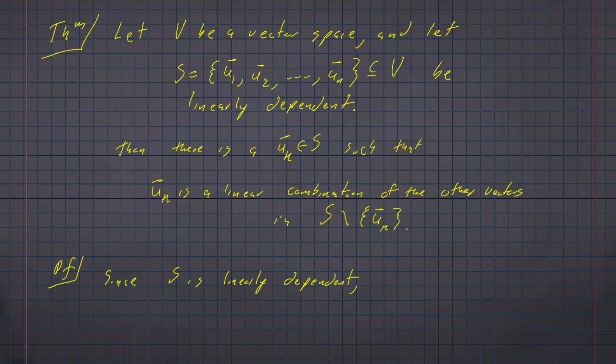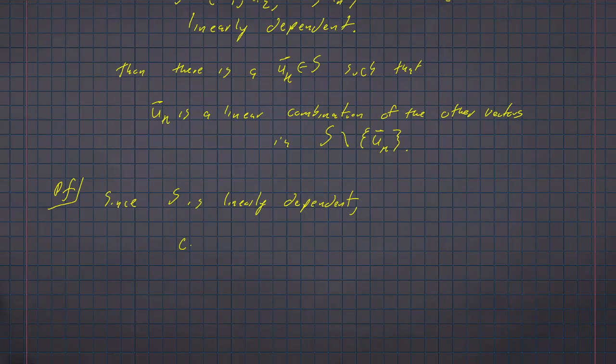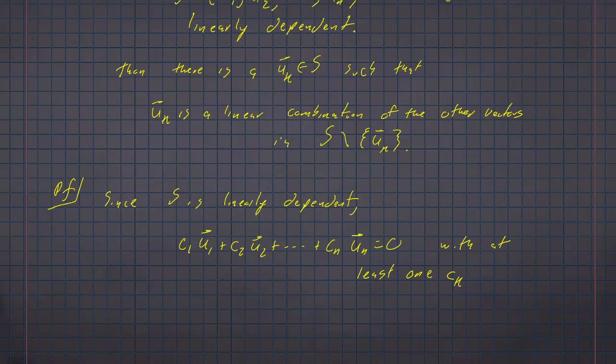Since S is linearly dependent, then the linear combination C1u1 plus C2u2 plus through to Cnun is equal to zero with at least one Ck non-zero.